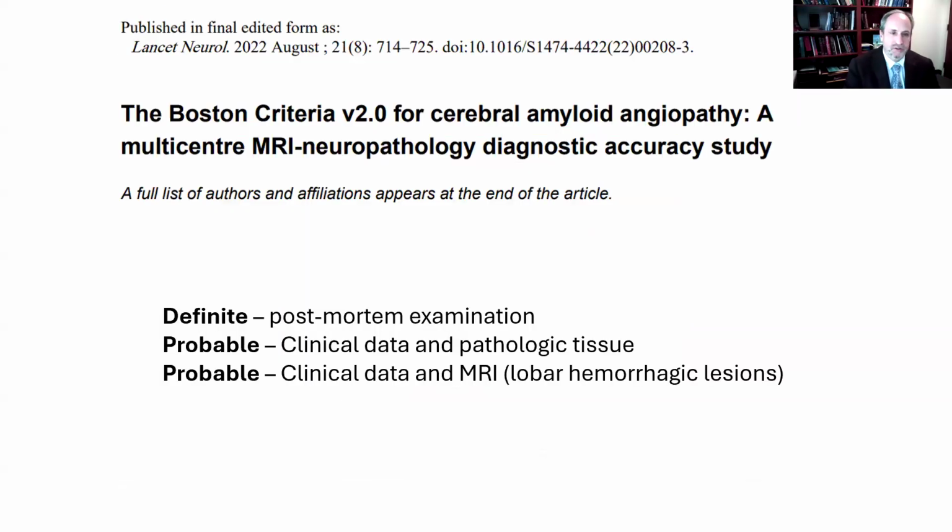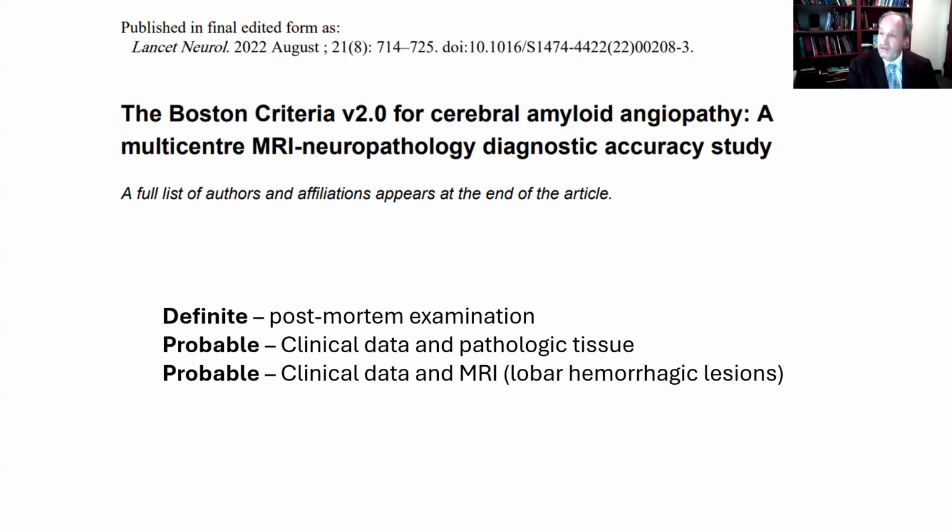The so-called Boston criteria is a useful operational paradigm for identifying or diagnosing cerebral amyloid angiopathy. Definite disease is only found by postmortem examination.